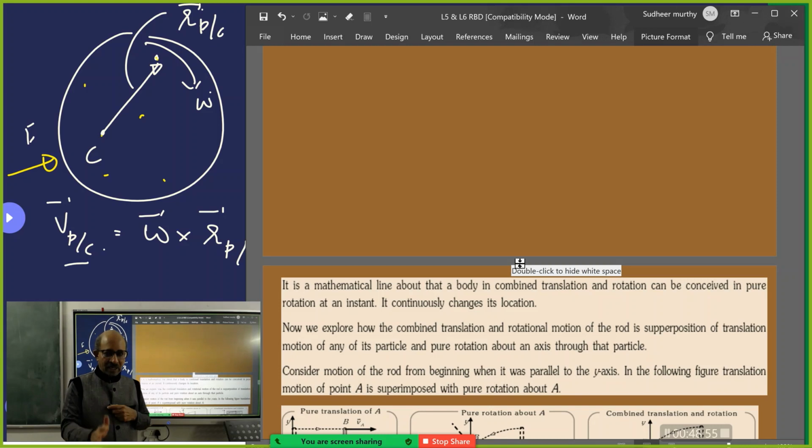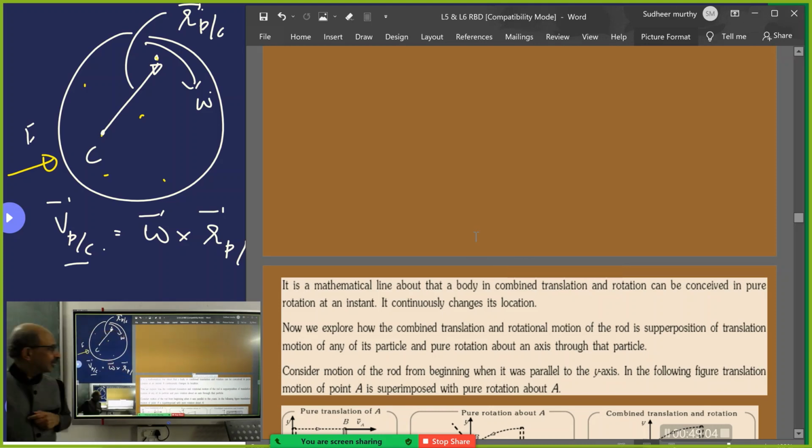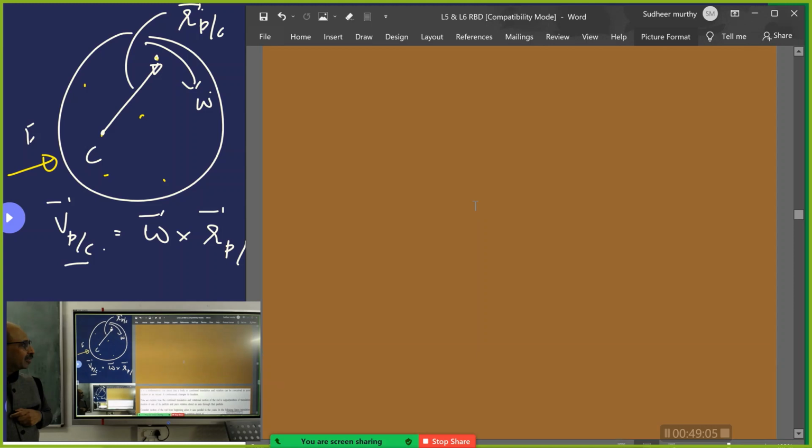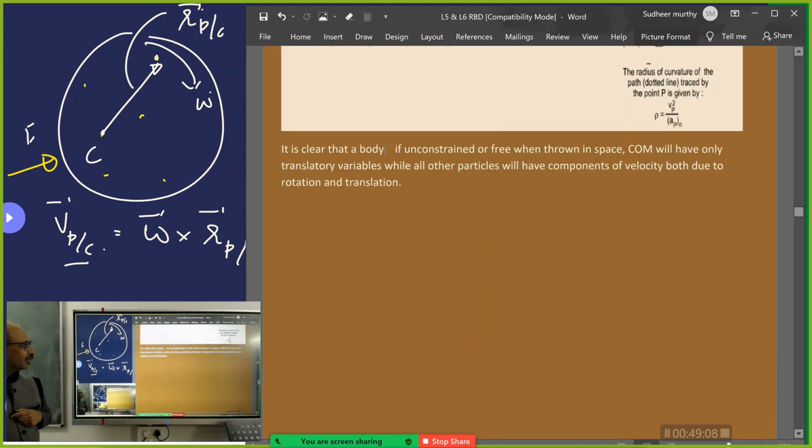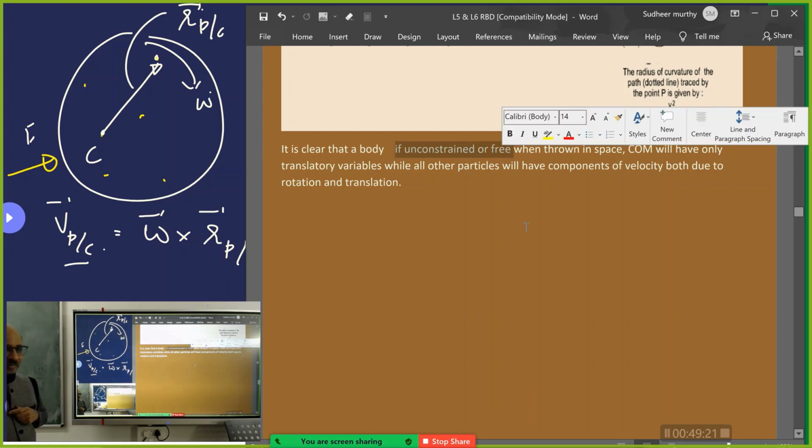See, when I am referring to unconstrained here, I also use the word free. If unconstrained or free, what does that mean? That means no force is acting.